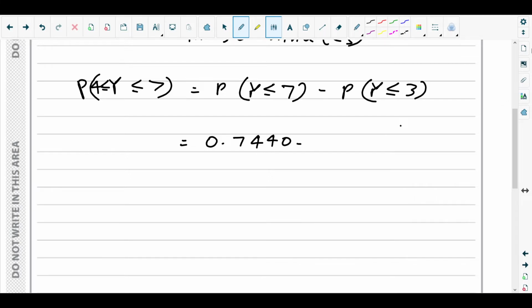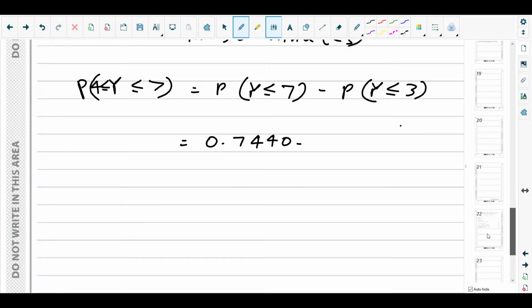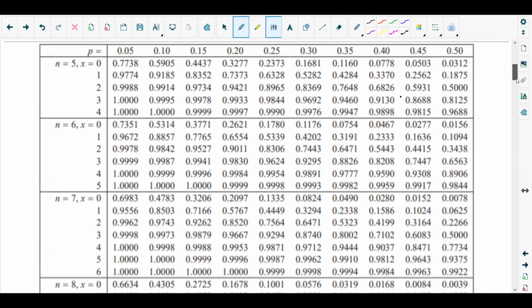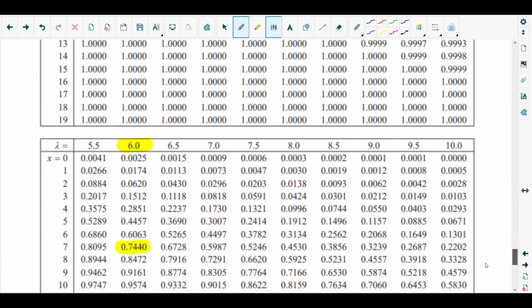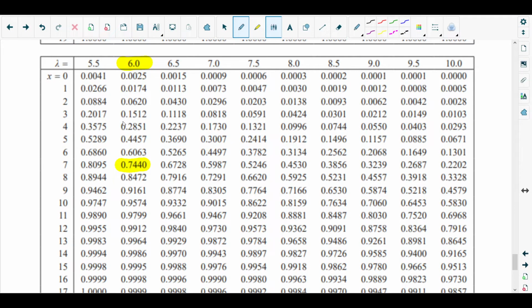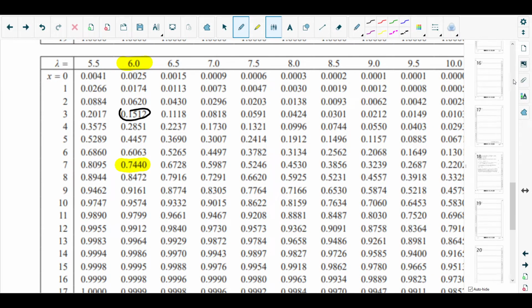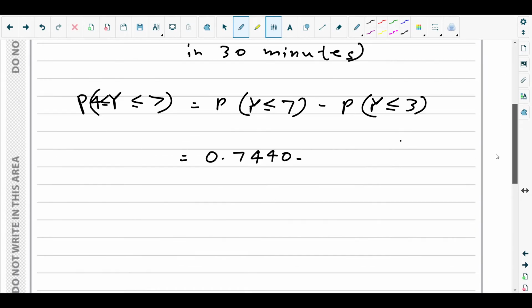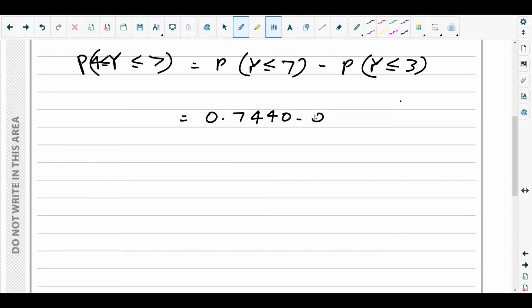0.7440 minus, let's check from the table, the probability of Y less than or equal to 3. This is nothing but this one, 0.1512.